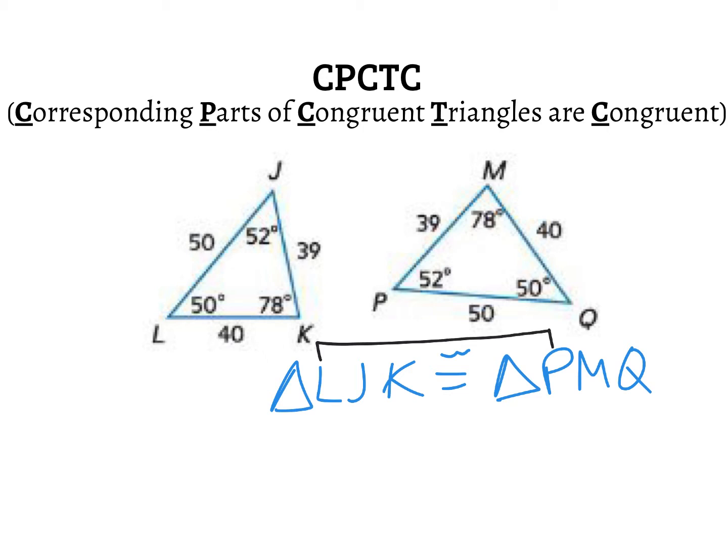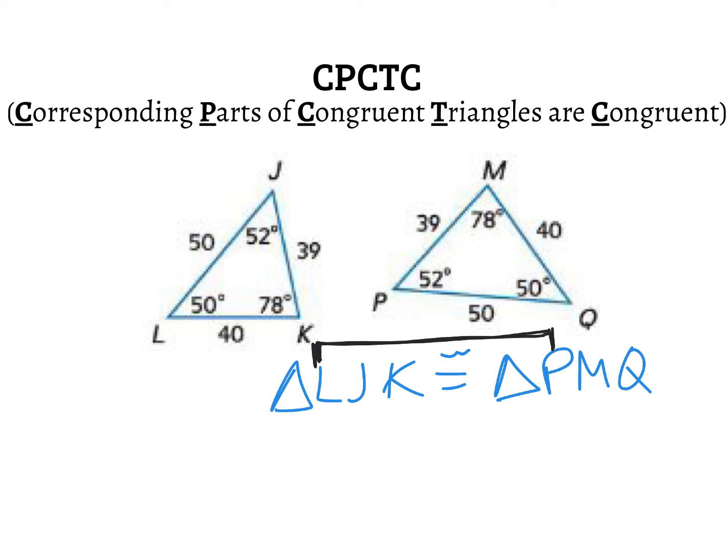Sorry, I meant L. Here I'm saying that angle L corresponds with angle P. L is 50 and P is 52. Those do not correspond with each other. So the order in which we write this will matter, and it's really important that we write it in the correct order.